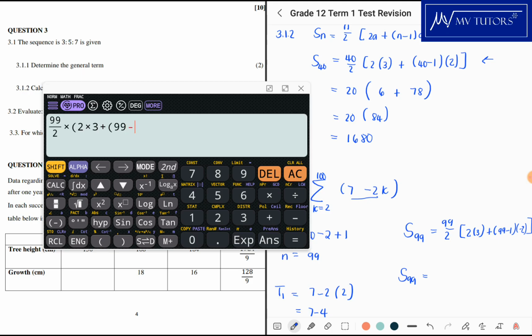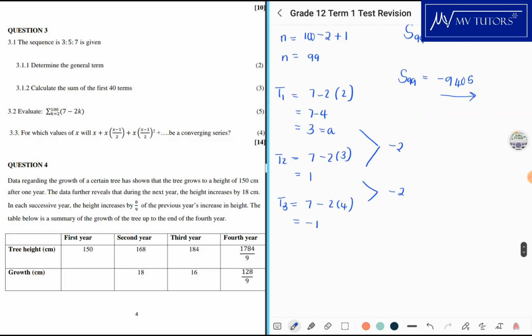Okay, 99 minus 1 multiplied by negative 2. And I need to make sure I close that bracket. Okay, so what do I have? I have negative 9,405. And we are expecting a negative number because, as we go along, because D is negative 2, we keep getting negative numbers. Okay, that's basically that.